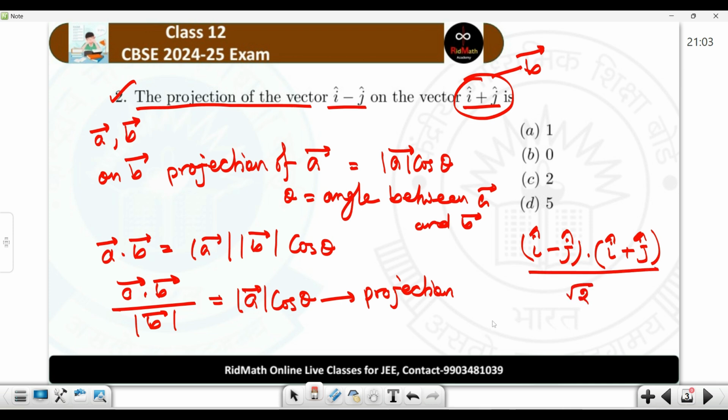I hope you understand how I get the mod. So this means 1 minus 1 divided by root 2, ultimately that is 0. So the projection of this vector on this vector is 0. So option B is correct. Next problem.